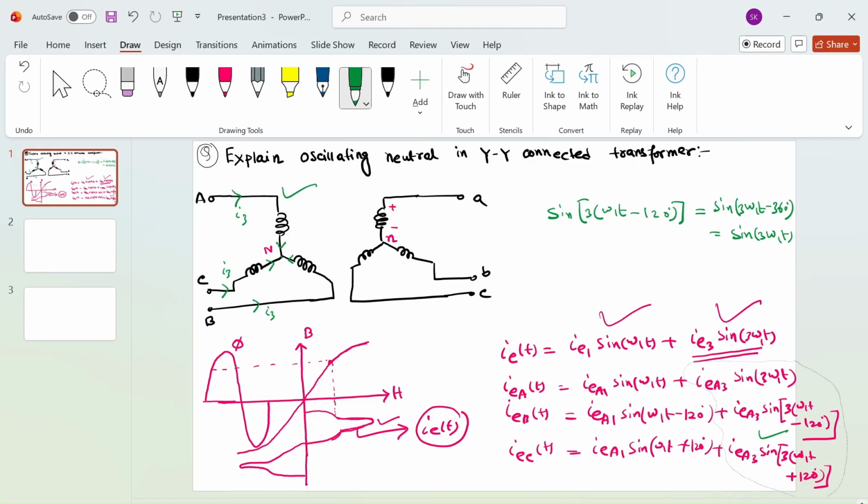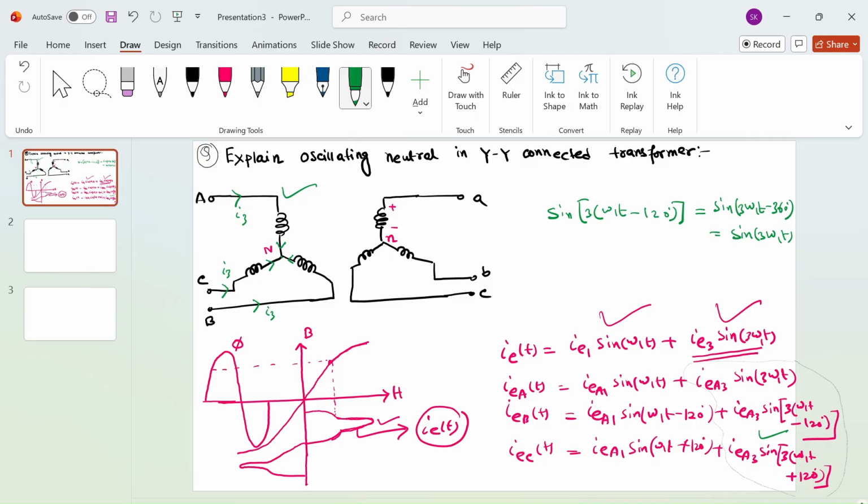But for example, if my neutral is grounded, in that case all three currents will come and flow through the ground. But in this case, I am not connecting the neutral point to ground, so my third harmonic current cannot flow, because all three are in the same phase. It would violate KCL if it started flowing.